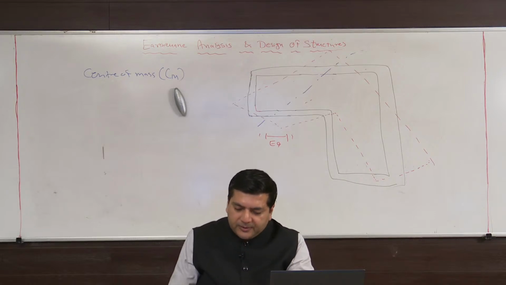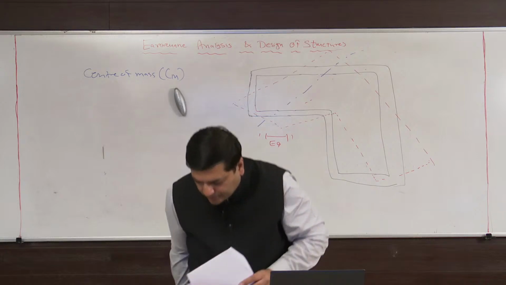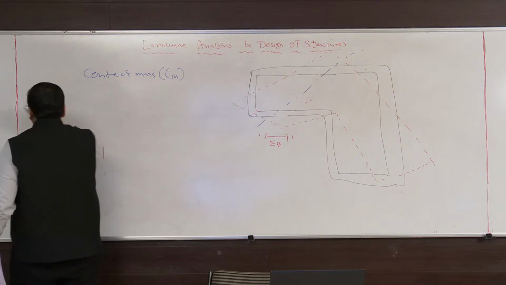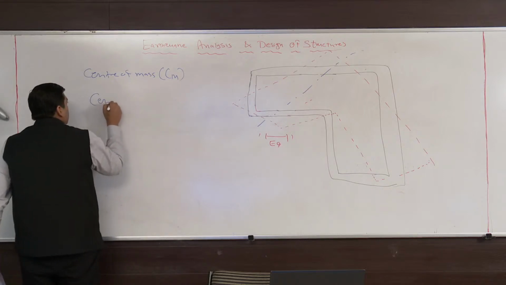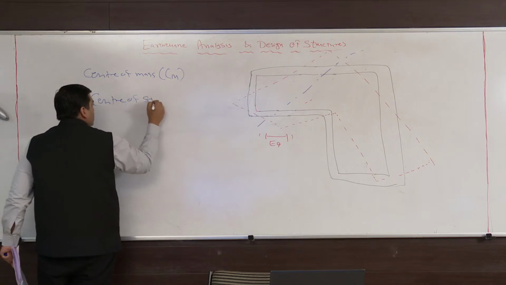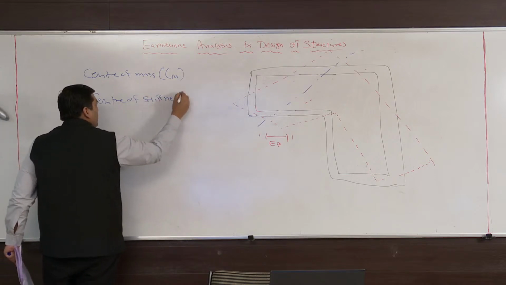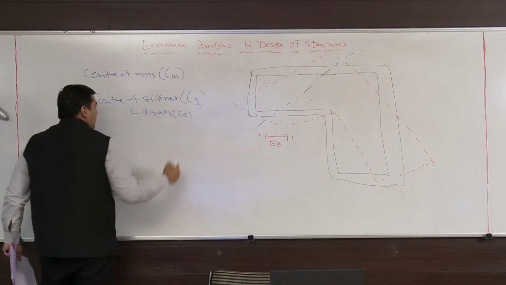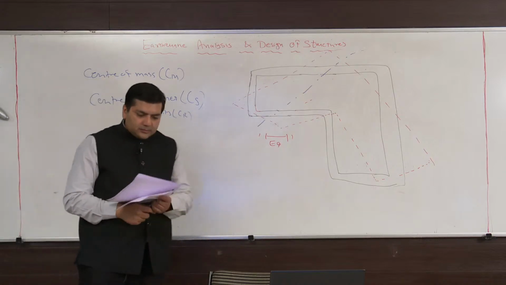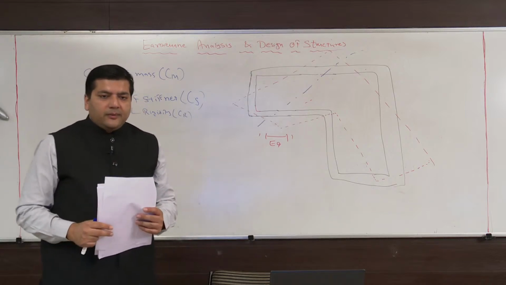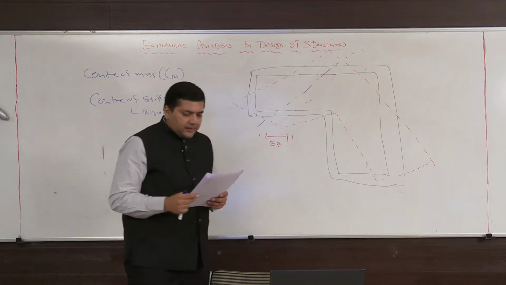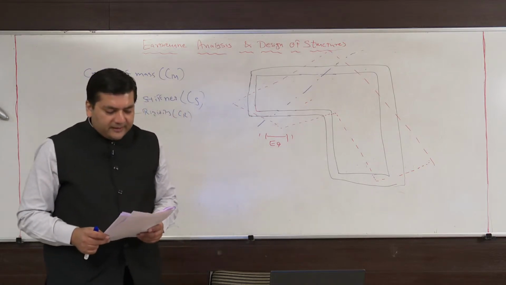Now write center of stiffness, CS, it is also called center of rigidity, CR. First we understood center of mass and second center of rigidity or stiffness.